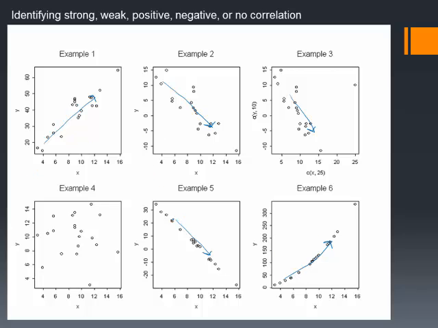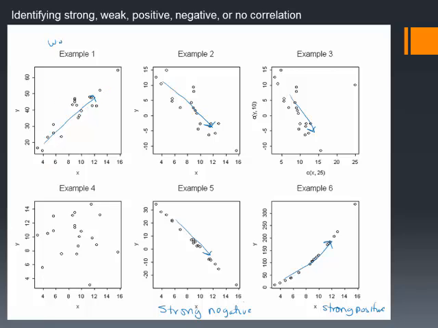And as you can see, example 5 and example 6 are more closely clustered together. So example 5 would be a strong negative, and example 6 would be a strong positive. Now examples 1, 2, and 3 do show a positive or negative trend, but it's not quite as clustered together.